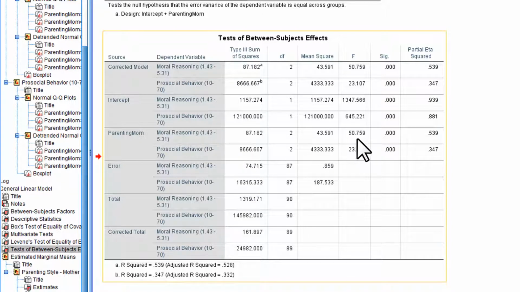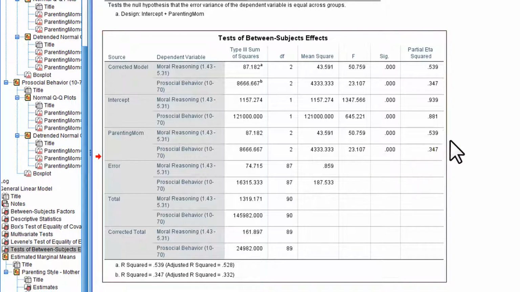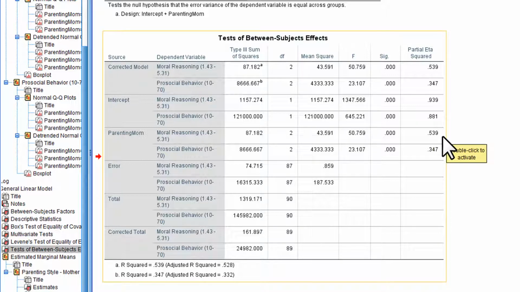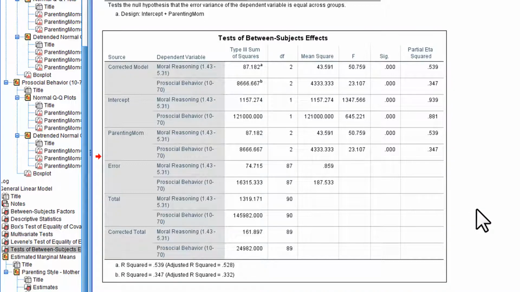So we have here the F statistic for each dependent variable, and then the corresponding p-value and the effect size. So you have here the degree of freedom, the numerator degree of freedom, and then the error degree of freedom, or the denominator degree of freedom.